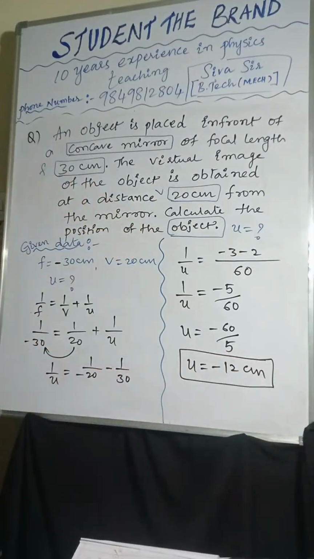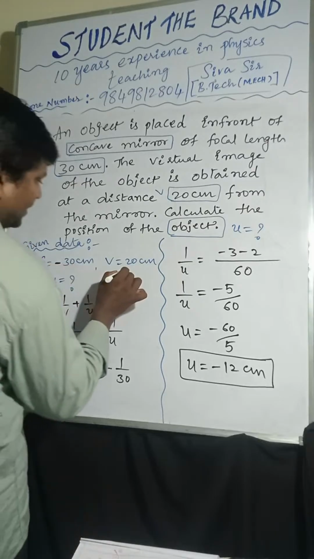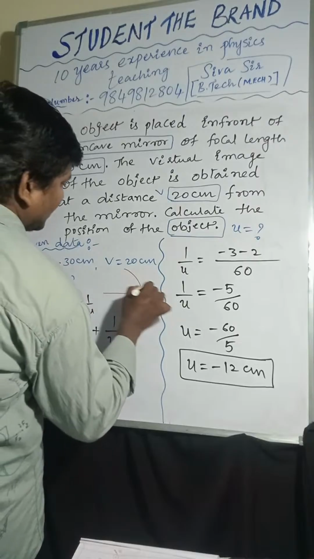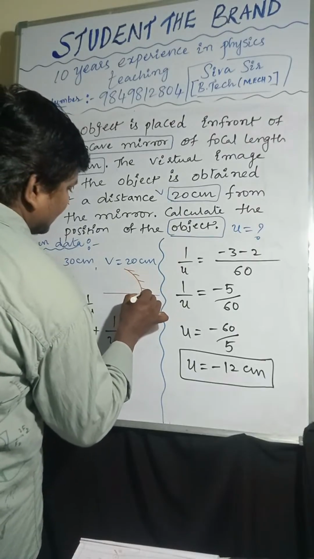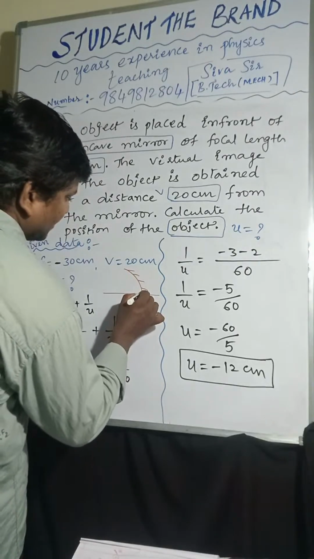Correct? Minus, negative, correct only. So check whether you are doing correct or not. Check once whatever you did. Checking process is very important. Every time, take the mirror, pole, focus, center of curvature.